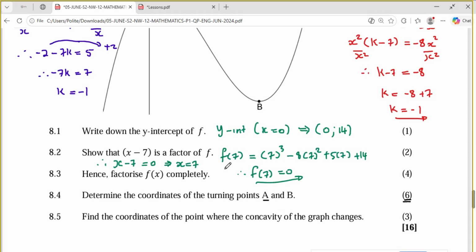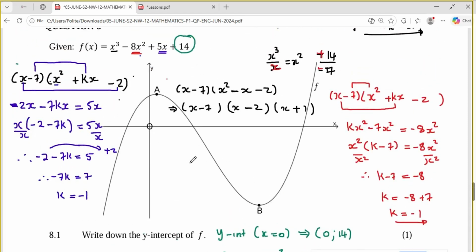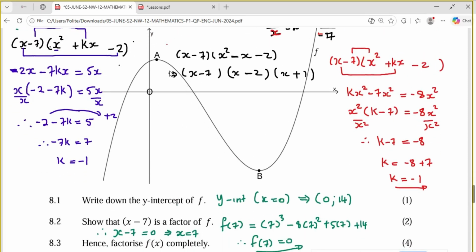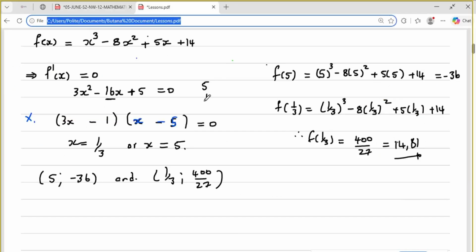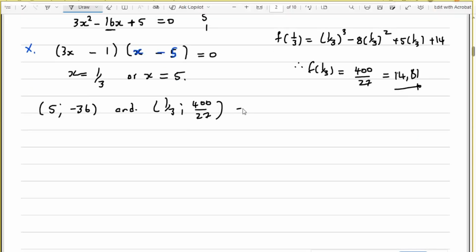They say the coordinates of A and B. Look at the y values: this one has a positive y value, and this one has a negative y value, so A has the positive y value. This one will be point A, and this one will be point B.